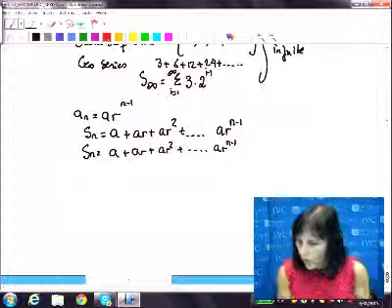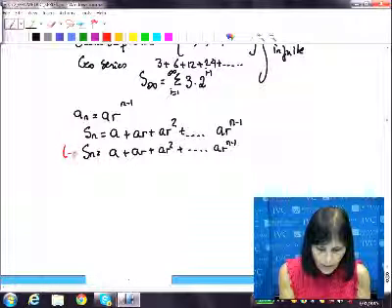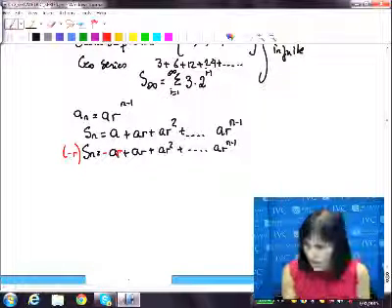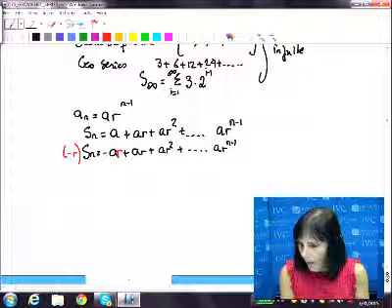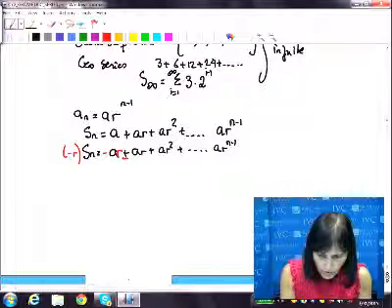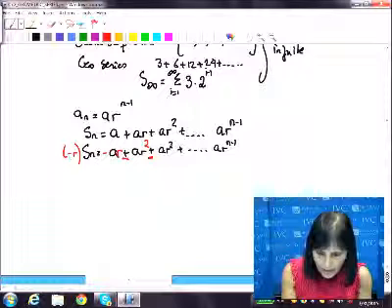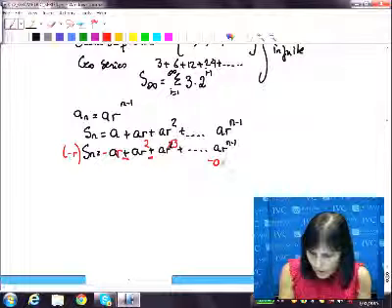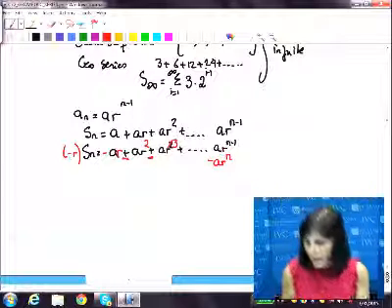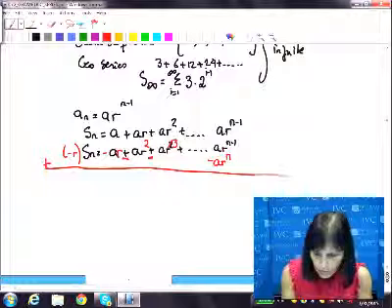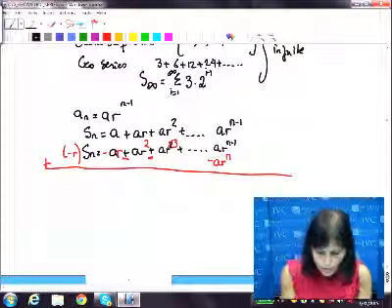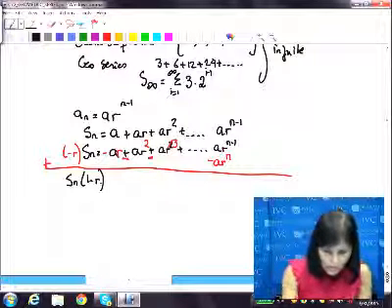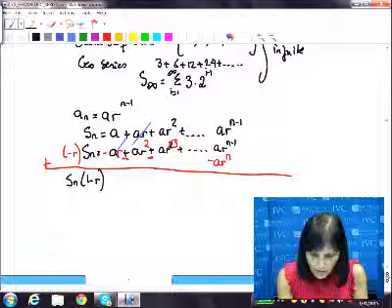Well, what I'm going to do is multiply this by negative r. When you multiply by negative r, this is going to change to that, change to that, and the last one is going to change to ar to the n. Okay, now let's add these two. When you add them, you get S_n times (1 minus r). But something interesting is going to happen. Look at these.